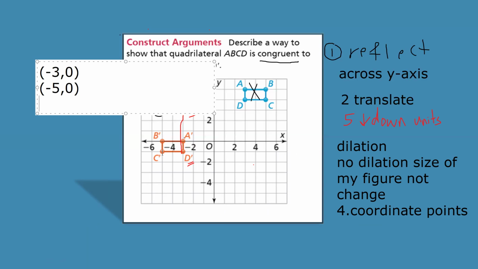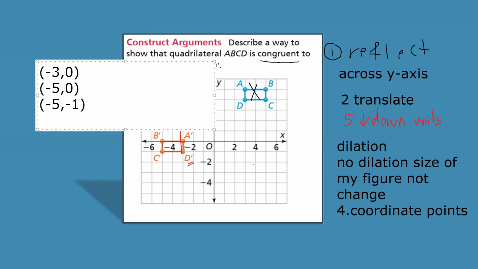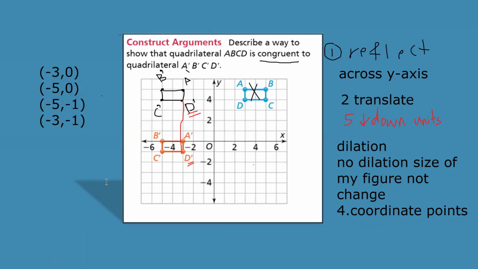C, -5 and -1. Last one, D, -3 and -1. These 4 steps describe how my figure moved from this position to another position. But they are congruent.